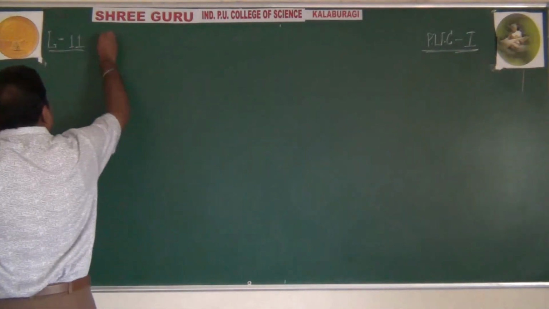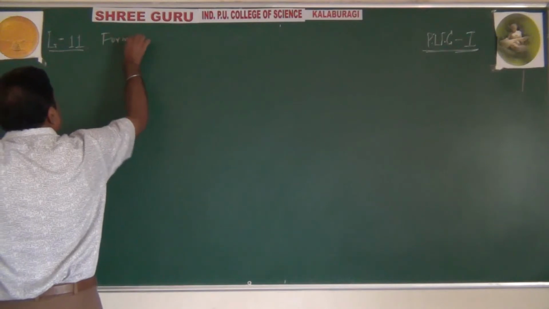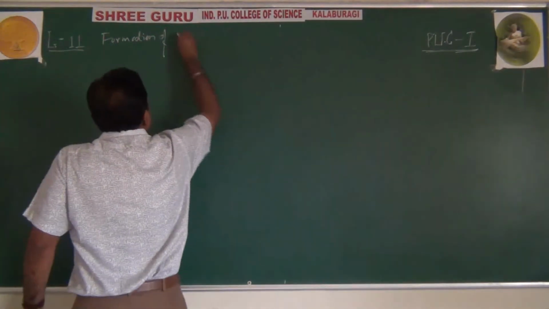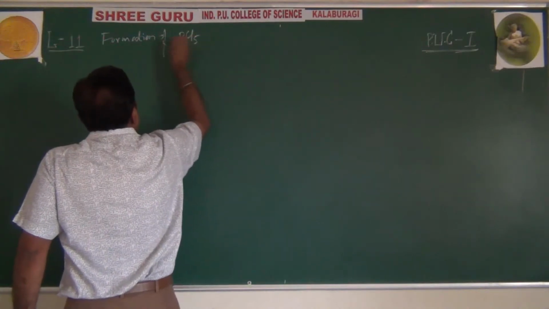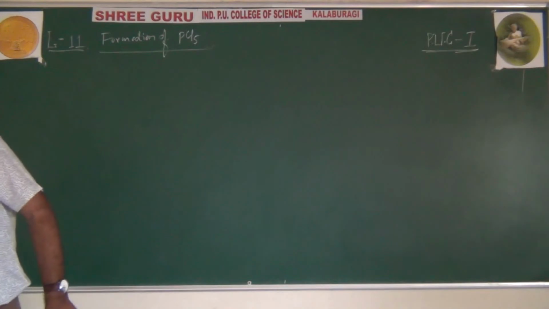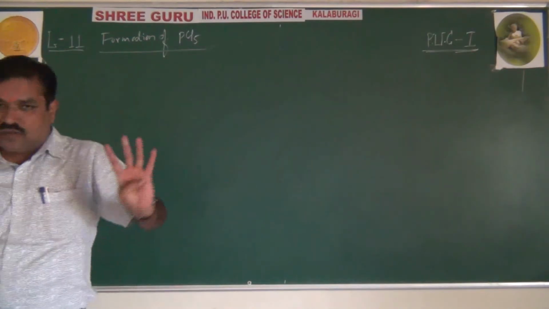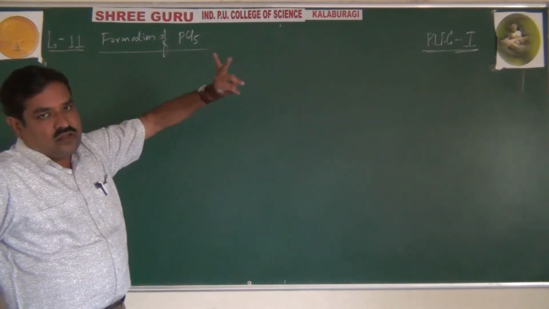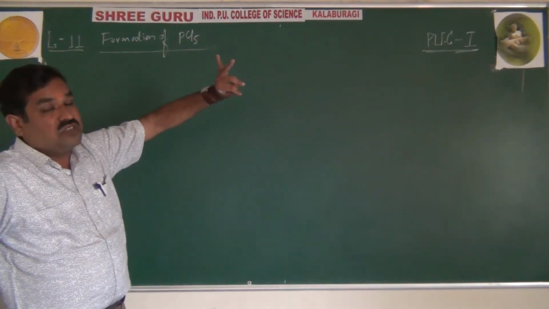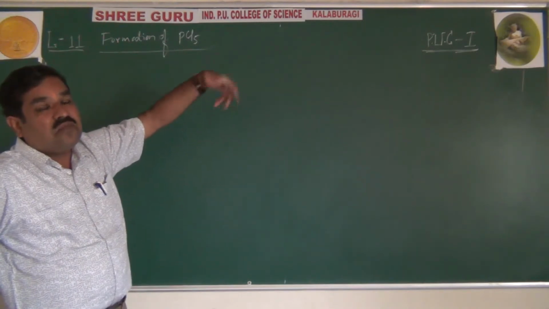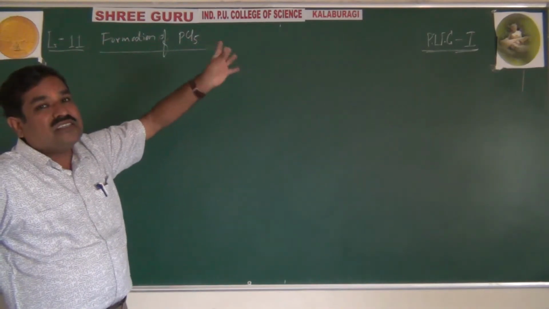Let us write the formation of PCl5, phosphorus pentachloride, using sp3d hybridization. That means in sp3d hybridization, 1 s orbital, 3 p orbitals, and 1 d orbital combine to form how many? 5 sp3d hybrid orbitals having trigonal bipyramidal structure.